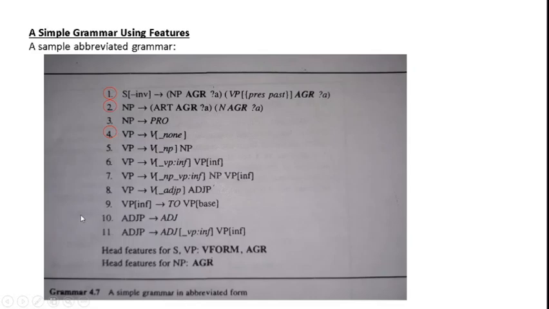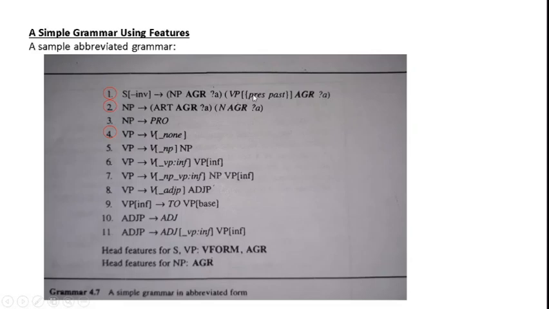Note that these rules are represented in their compressed form, and the head feature values are also written. So implicitly we have to remember that, apart from this inversion feature value given here, there are VForm and AGR features and feature values which it shares with VP.